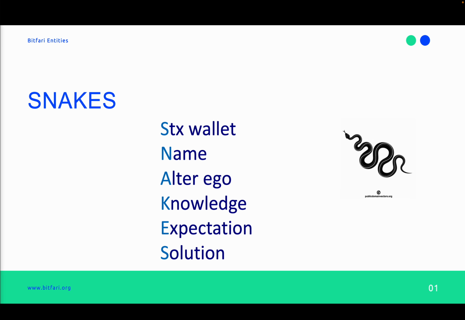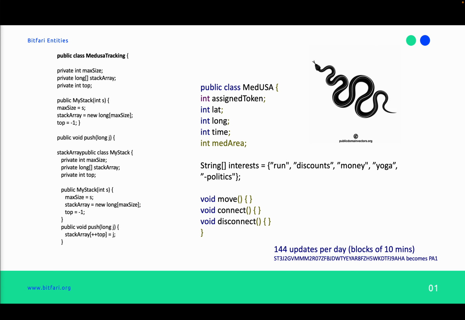When all of this information gets sent into Medusa, it gets put into a stack, and then it gets bundled with the GPS location of the client, and the interests of the person get filled in.